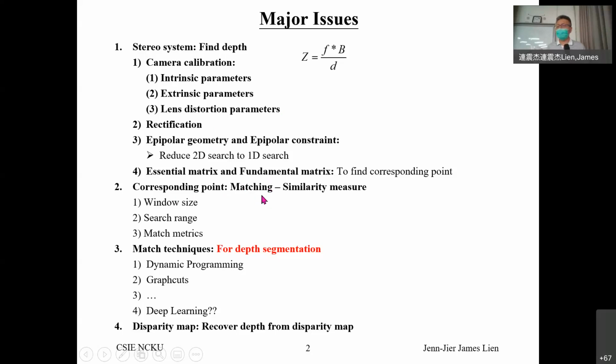That's the matching, and matching is a kind of similarity measure. In this lecture, I always keep talking about detection, tracking, recognition, and all of them are matching, all are similarity measures.